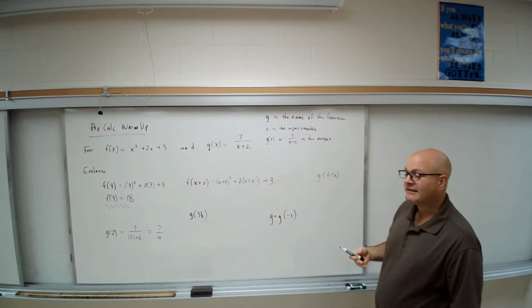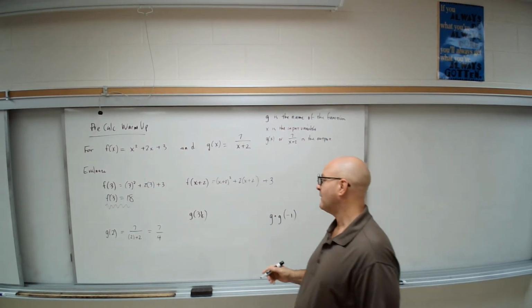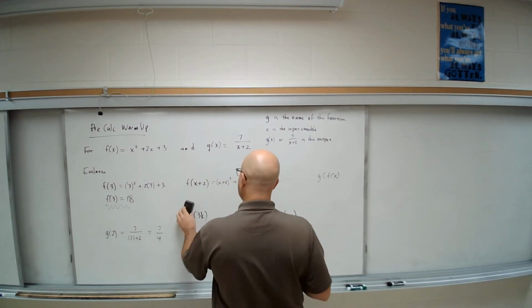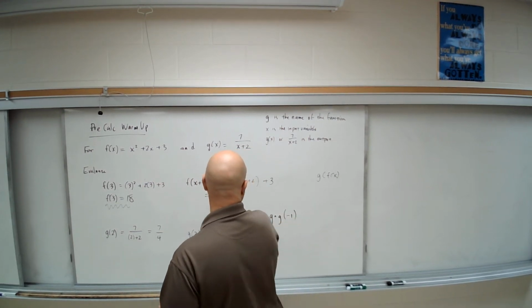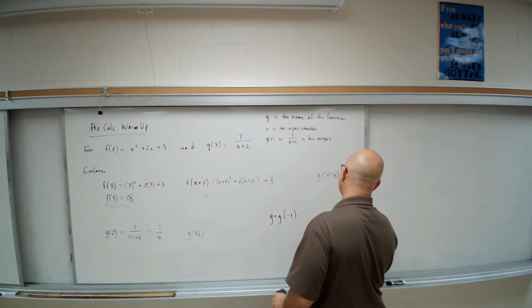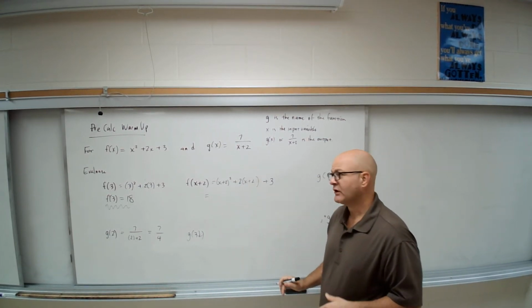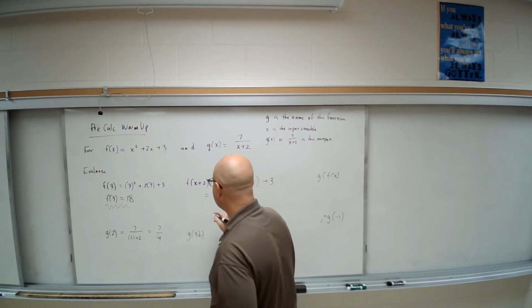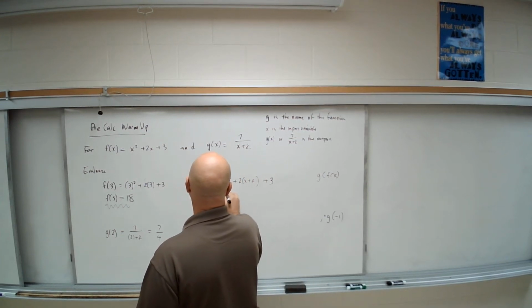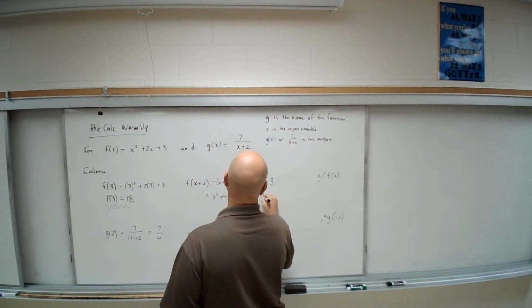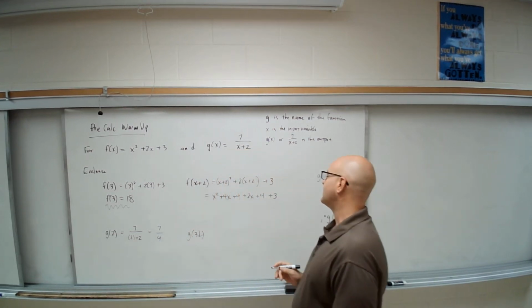Generally, you have to expand these. We can't just leave it the way it is. So this is a binomial squared. You could FOIL that out, or however you like to do that. x squared plus 4x plus 4 plus 2x plus 4 plus 3.